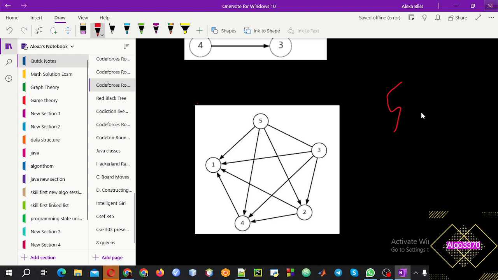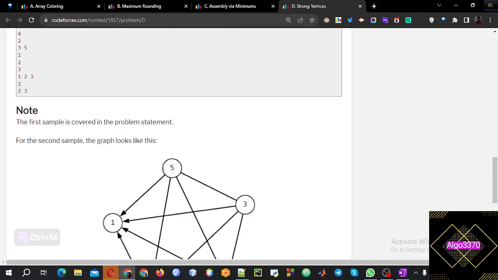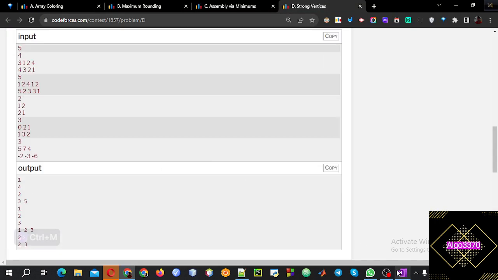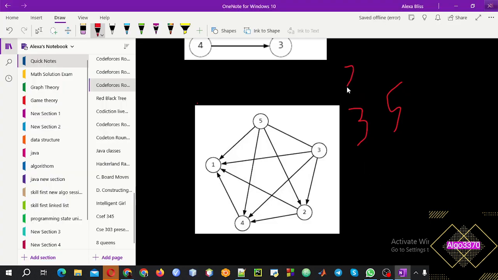Our second strong vertex is 3. And 2 is connected strongly to 3 and 5. We have only 2 strong vertices, 3 and 5. This is our main requirement from this problem.